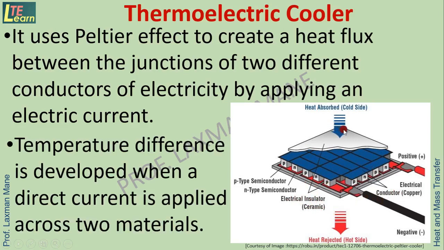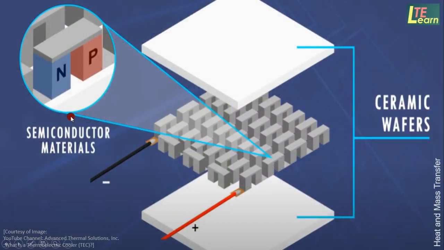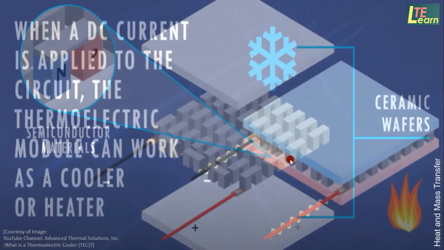Here a temperature difference is developed when a direct current is applied across these two materials. This is a big view of the semiconductor materials, N and P type semiconductors, and this is ceramic which is used to cover this semiconductor material on both sides.